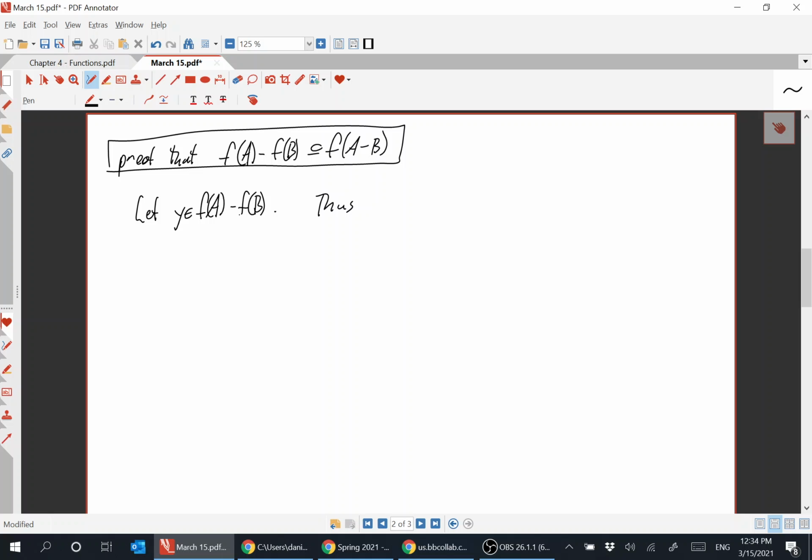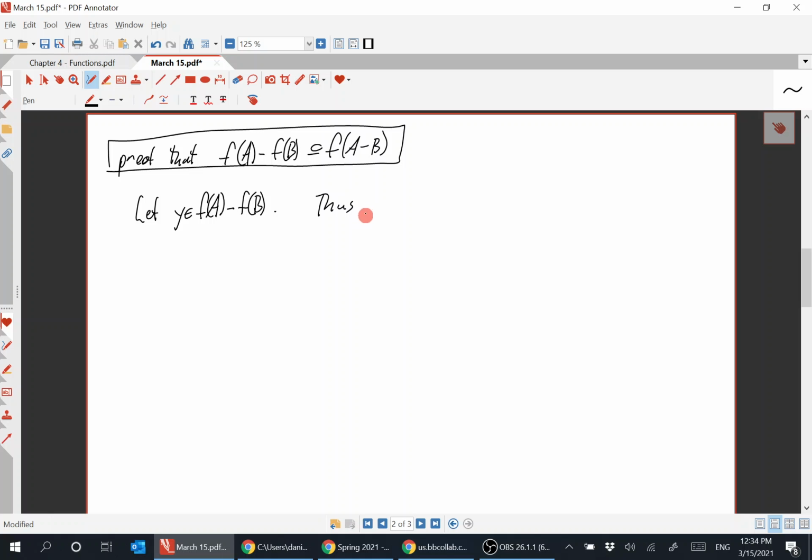So y is an element of image A minus image B. It's not a statement primarily about image, it's a statement primarily about set subtraction. First you apply the image operator to A, then to B, and lastly you do set subtraction. So this is really something about set subtraction, not properly an image of something.